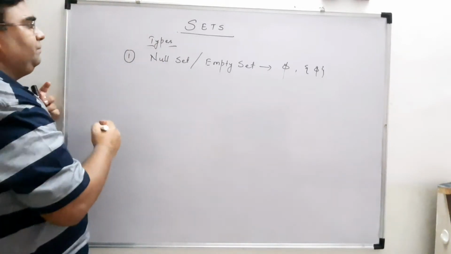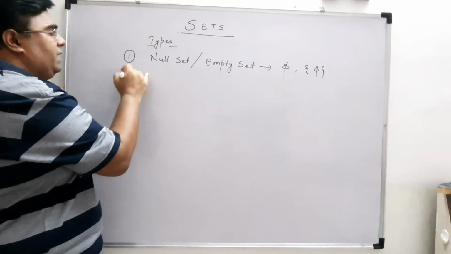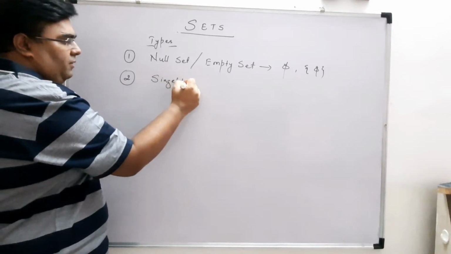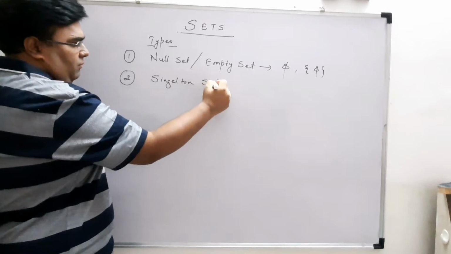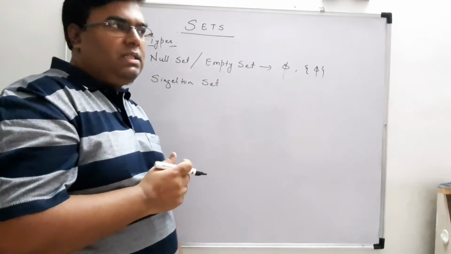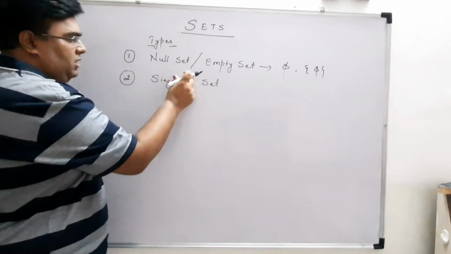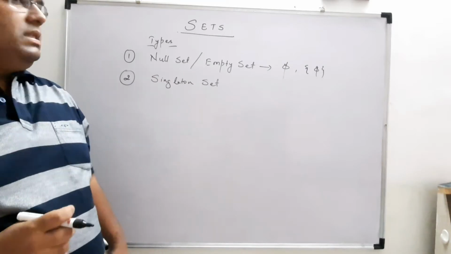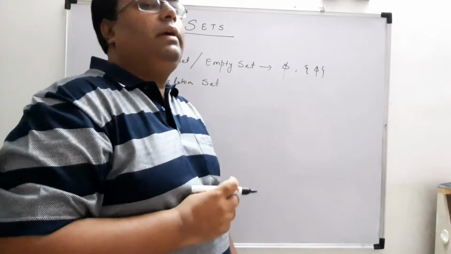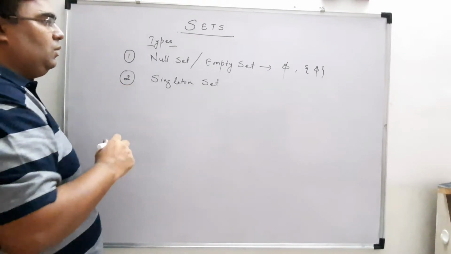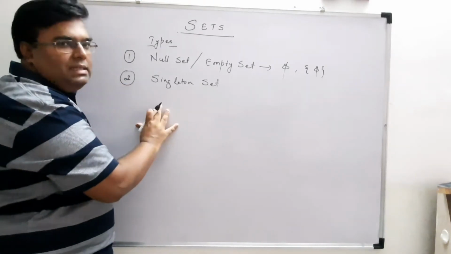Now second is singleton set. Again, as the name suggests, singleton set. Let's check the spelling. I think it is like this. Okay. Singleton set means that it has only one element, single element, right? So again, what is the example of singleton sets?